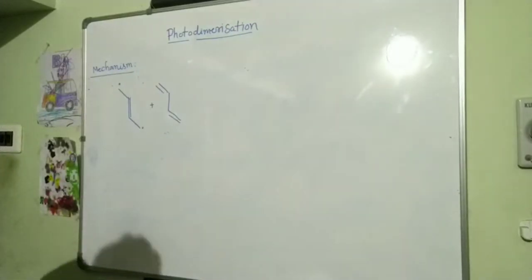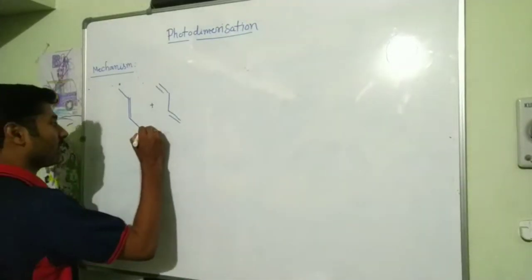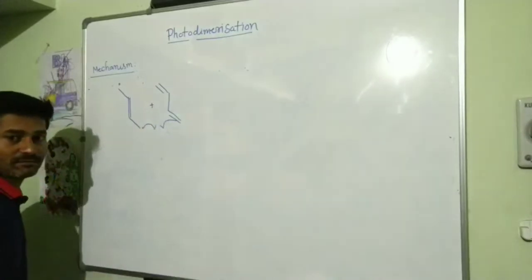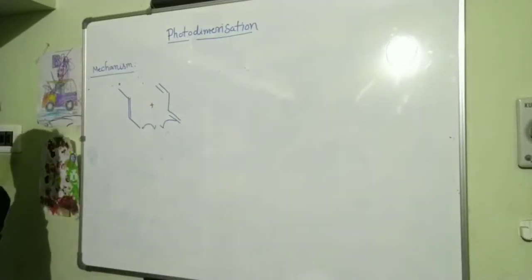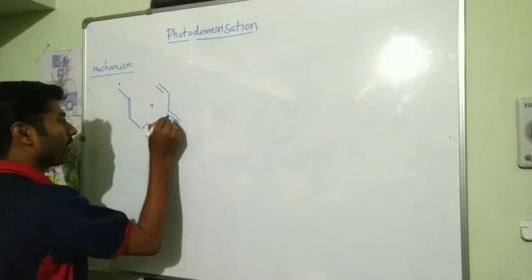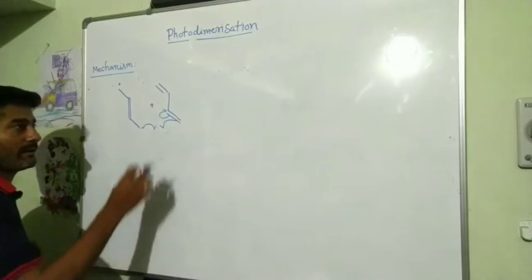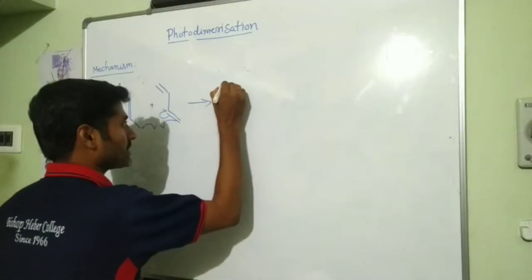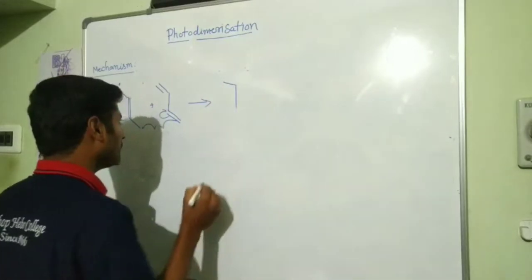Now this one will go and interact by radical mechanism with the ground state diene. Another electron will come and sit on this carbon.